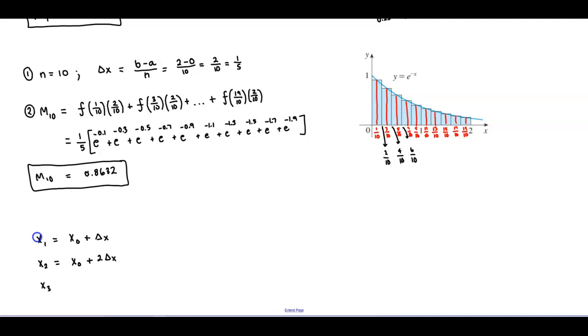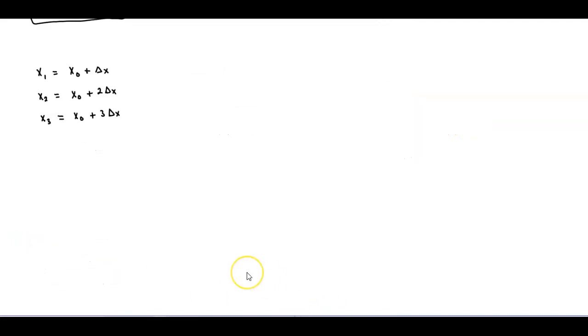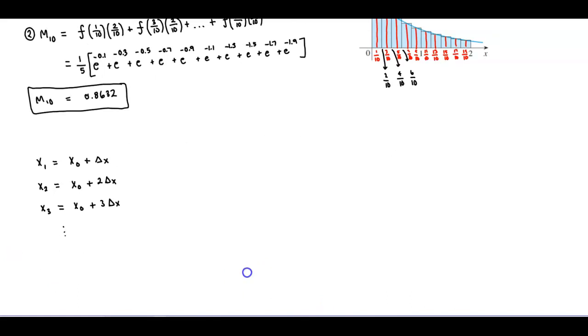And then x subscript 3 is going to be x subscript 0 plus 3 times the change in x. All the way to, if we consistently did this, the value of i, that means that x subscript i is going to equal x subscript 0 plus i times delta x, which is the width, which ends up being 2i over n.